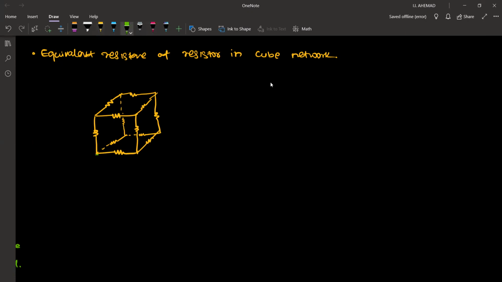We have to find the resistance between A and B. So here also, do you see anything in series or parallel? No, right? What we can do is let's look from bottom. I'm looking from bottom. When I look from bottom, my setup or system will look something like this.